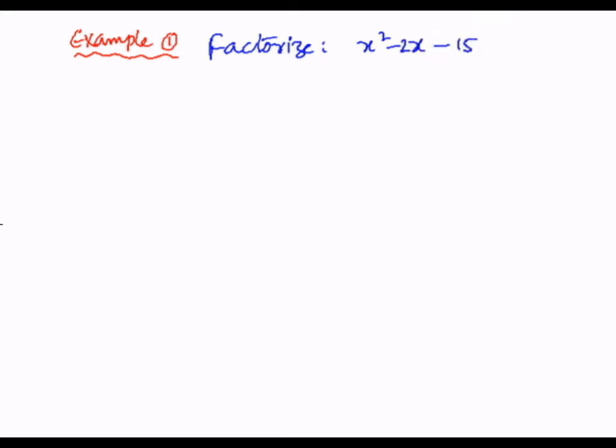So here x square minus 2x minus 15 is a polynomial consisting of 3 terms. The first term is x square, the second term is 2x with negative sign, and the third term is a constant 15 with negative sign.